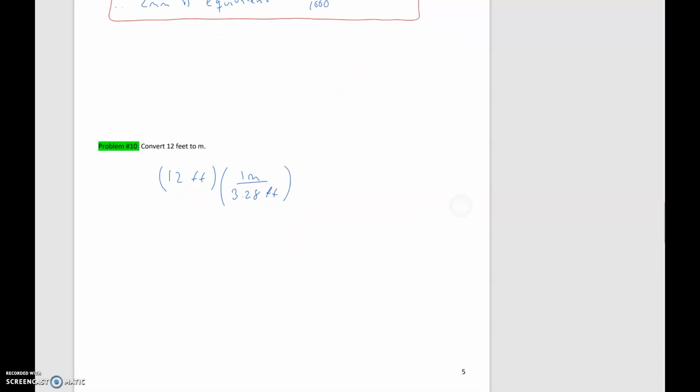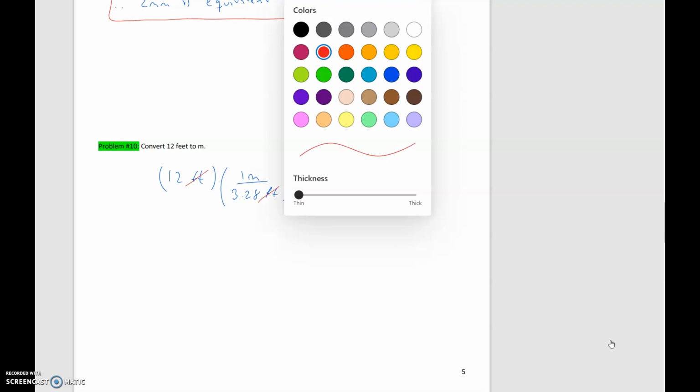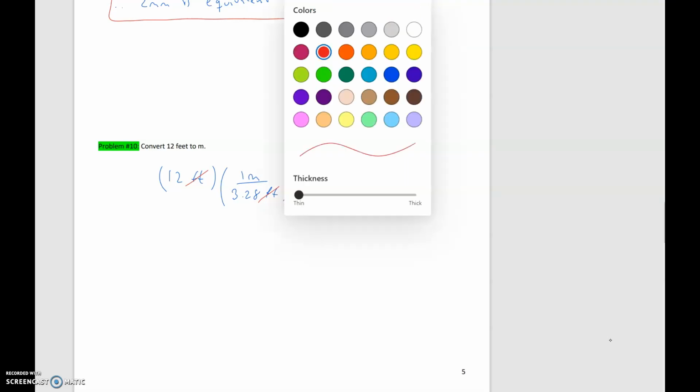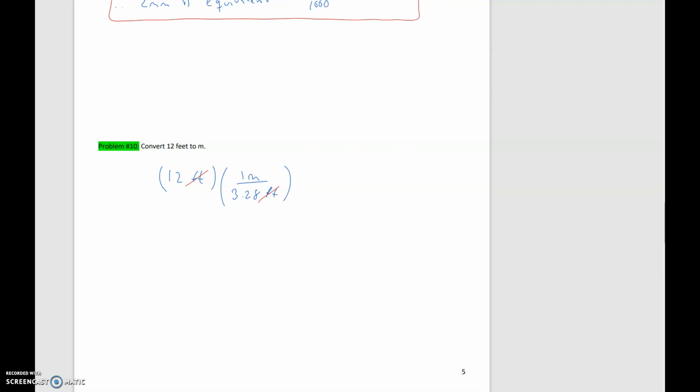And the important portion here is the cancellation of the units. So in this case, we're talking about this being ft, since it's technically feet. And I'm just going to cancel the units, and we're left with the values of 12 over the values of 3.28, and we're talking about meters.